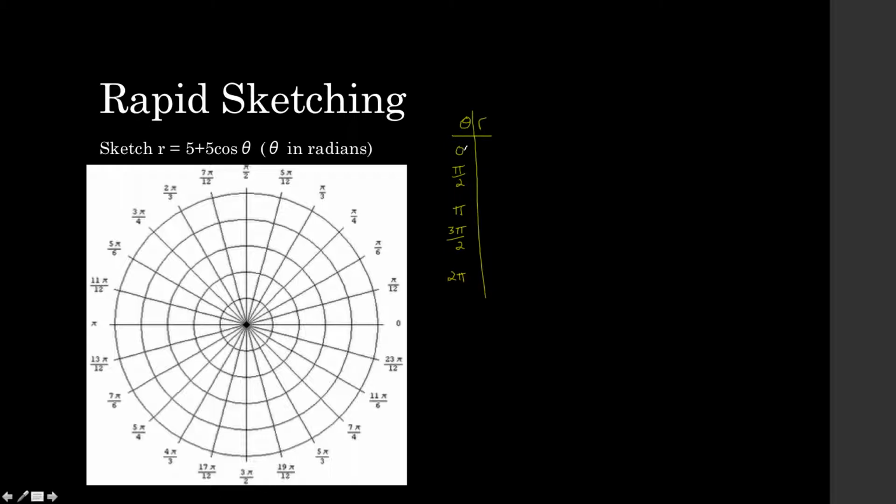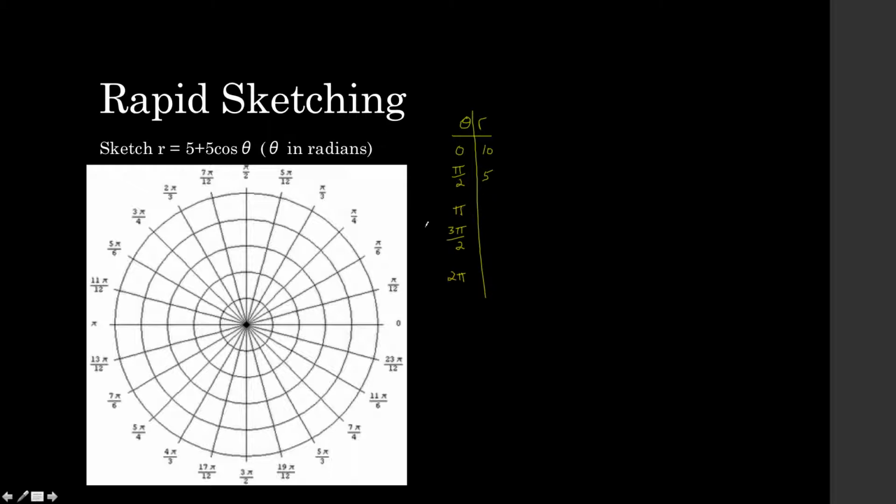Well, so if I plug 0 in here, if I plug 0 in for our theta, I'm going to get 10 for my answer for r. If I plug pi over 2 in for my theta, I'm going to get 5 for my answer for r. Okay?